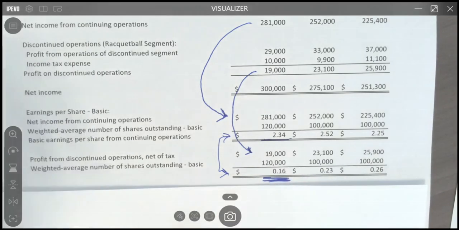And that's earnings per share broken out, including earnings per share for discontinued operations, all net of tax. All right. Thank you for your attention, and have a great day.